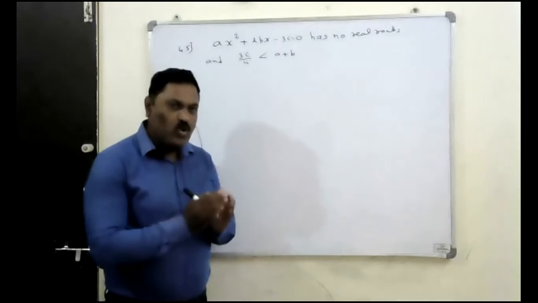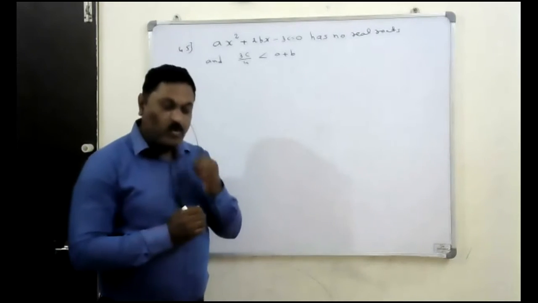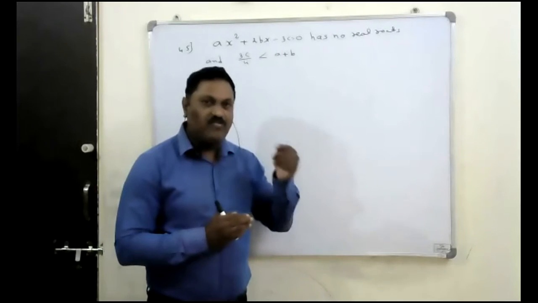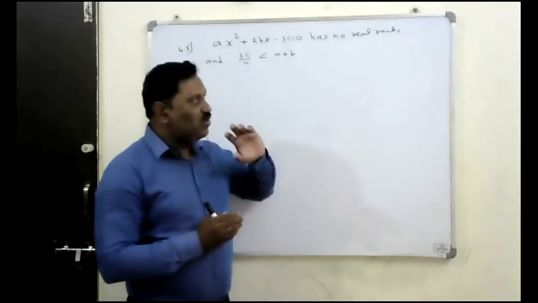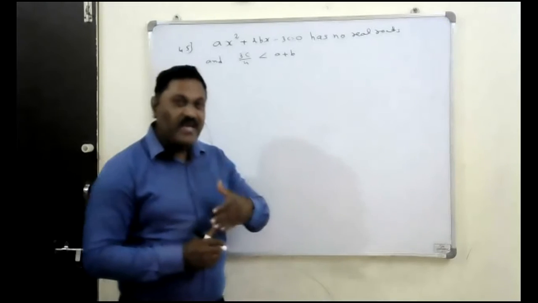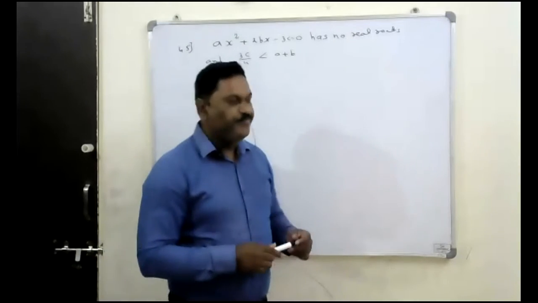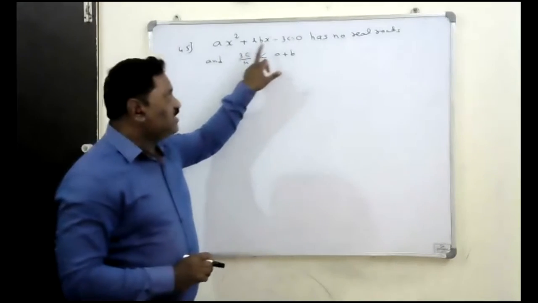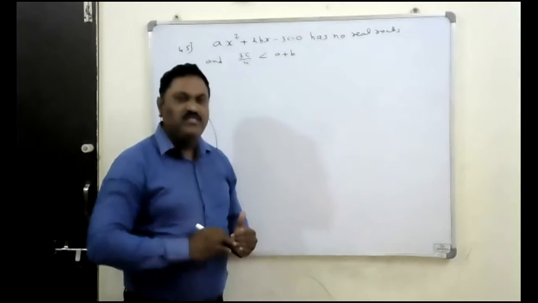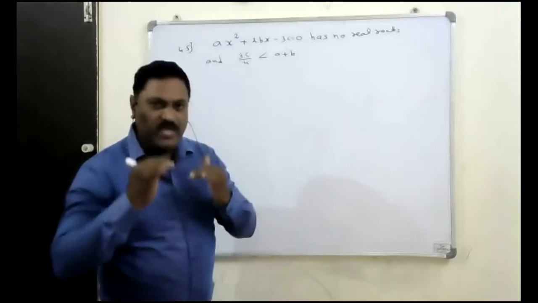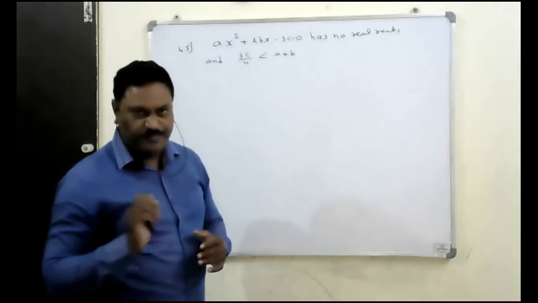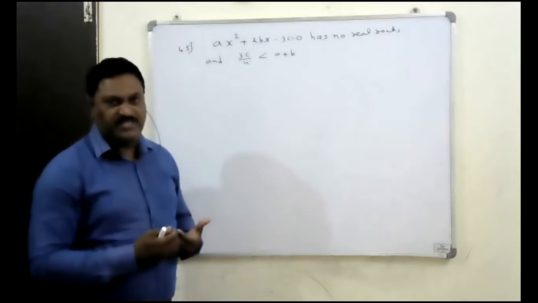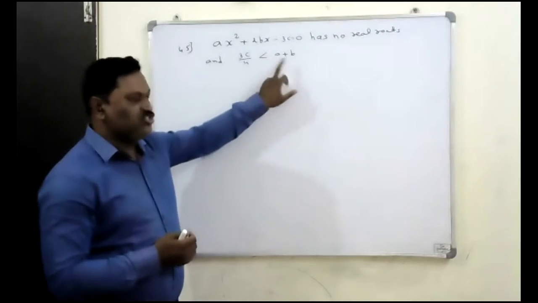If the coefficient of x square is positive, the expression will have a minimum value, and if it has no real root, the entire graph lies above the x-axis. If the coefficient is negative, the expression will have a maximum value, and the entire graph lies below the x-axis. But here I don't know which, so they have given this condition.